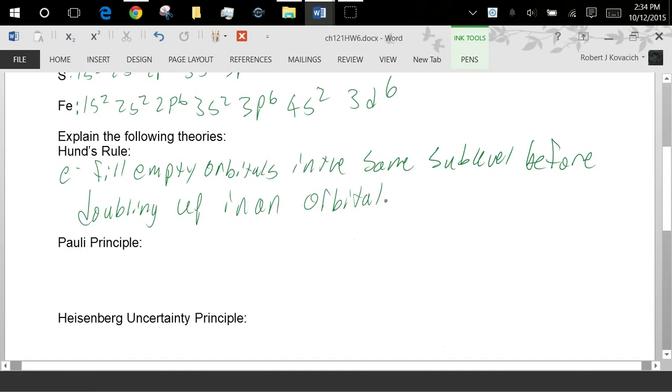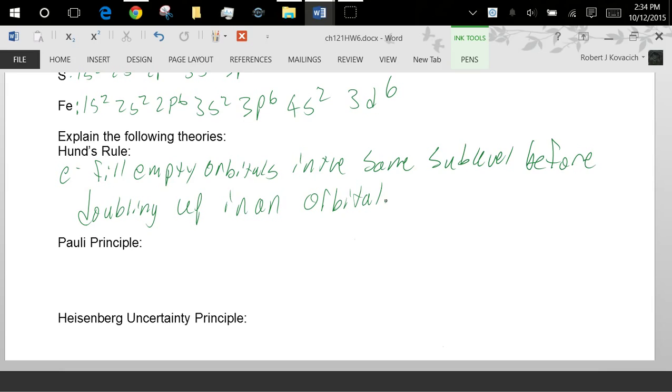So if you've got only 2 electrons and you're trying to put them into the p sublevel, you'll just have 1 electron in each of the first 2 orbitals instead of doubling up that first orbital.